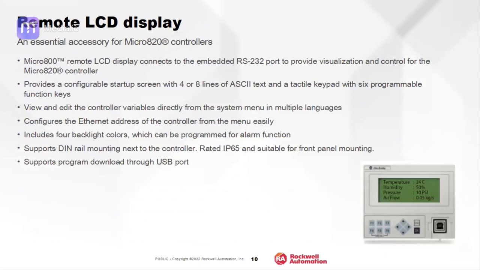The remote LCD can support 4 or 8 lines of ASCII text. As shown here, temperature, humidity, pressure and so on can be configured based on our process settings. It also supports door mounting as well as DIN rail mounting.